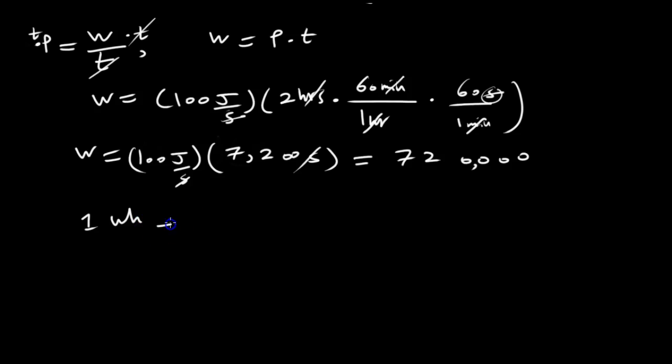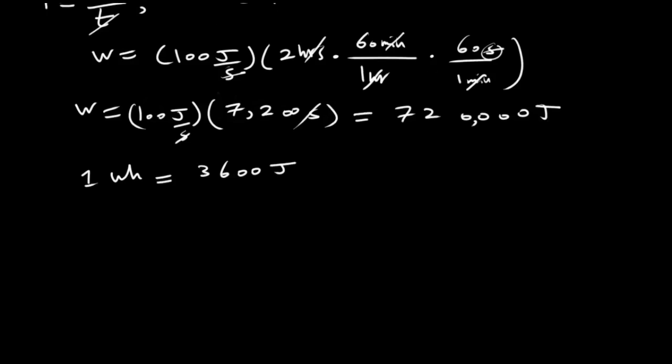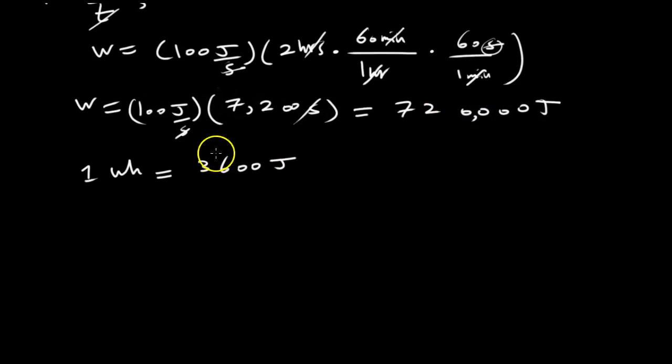And if you want to convert that into watt hours, you have to remember that 1 watt hour is going to be 3,600 joules, and this was in joules. I forgot to do that. The reason you want to convert it to watt hours is because it's a huge number of joules, and you want to use more standard units, so we use watt hours.